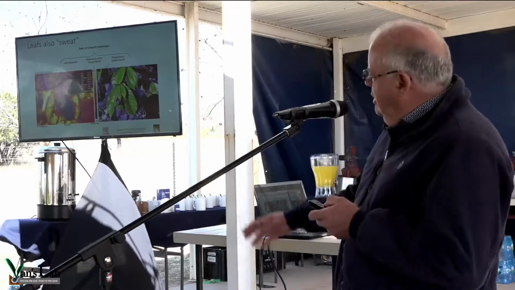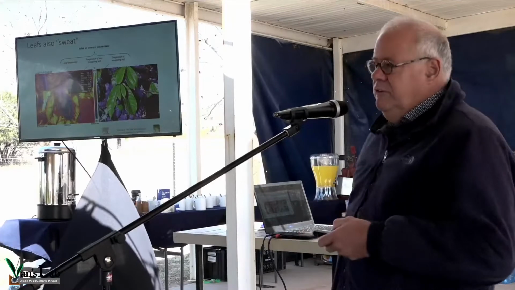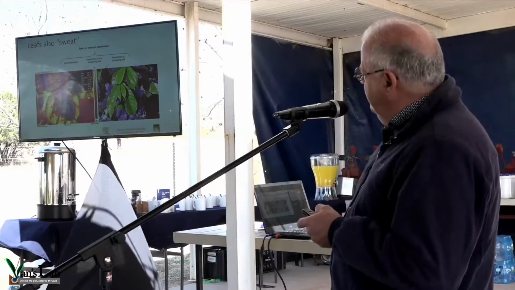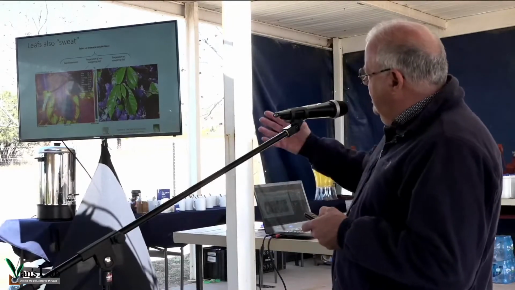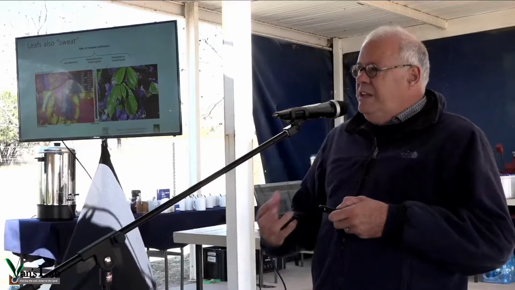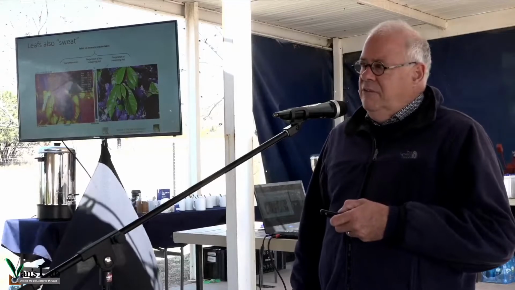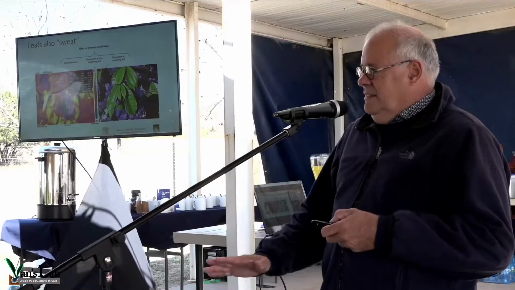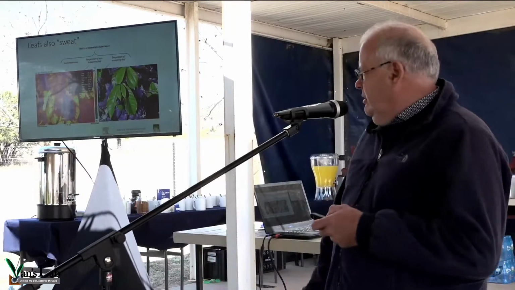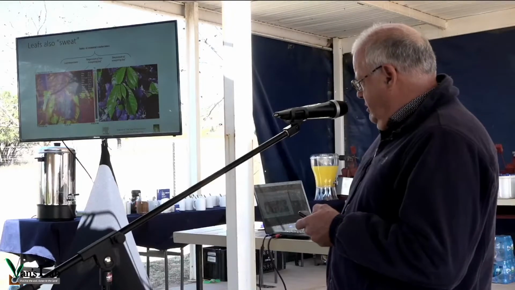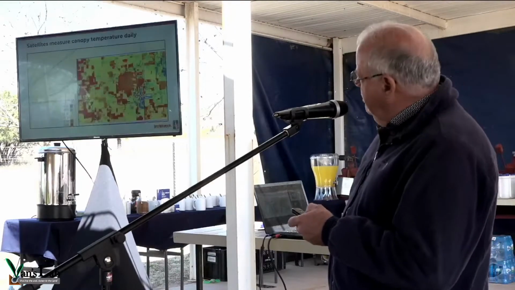We have hot leaves, we have cold leaves, and you can say in general that when you see a cold leaf, it is sweating. That is a fact. That's physics, biophysics. So that's why we are so keen to measure the temperature of the leaves.